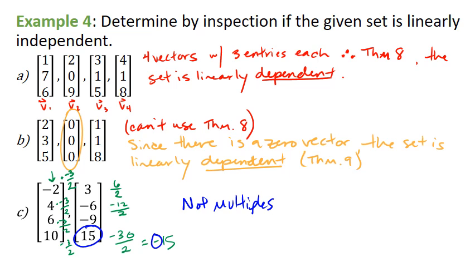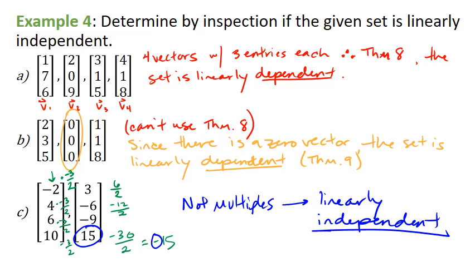We can't apply the other 2 theorems, so we can conclude that this set is linearly independent. So of these 3 sets here, only C is linearly independent. This concludes section 1.7.